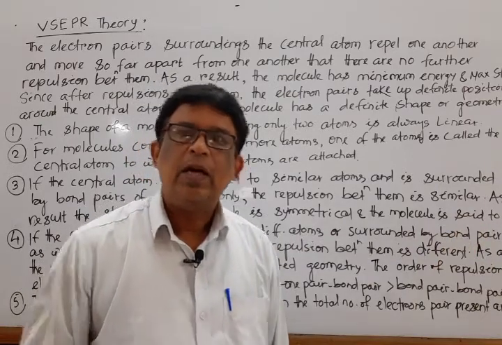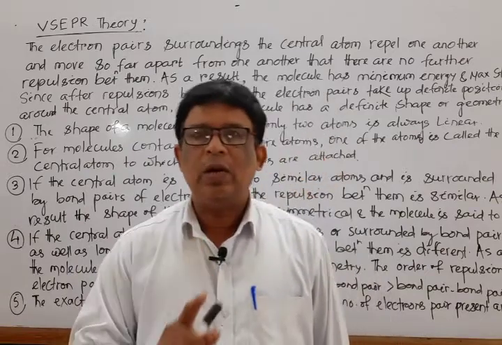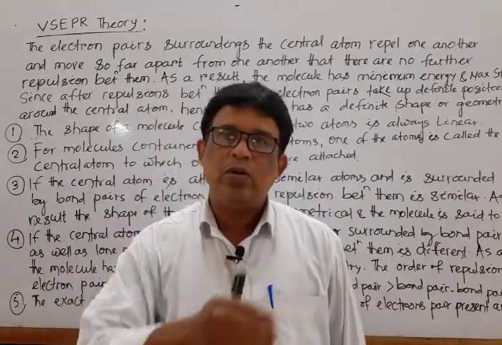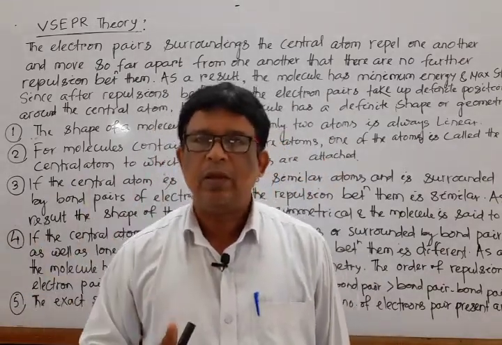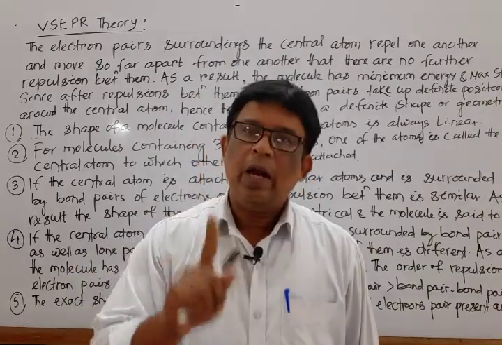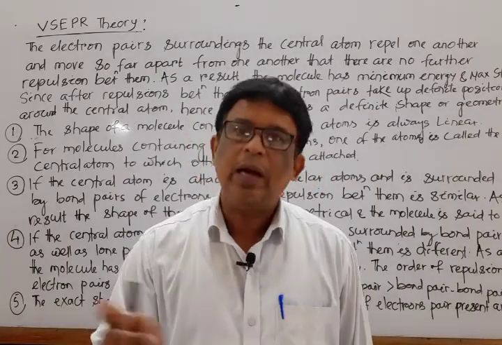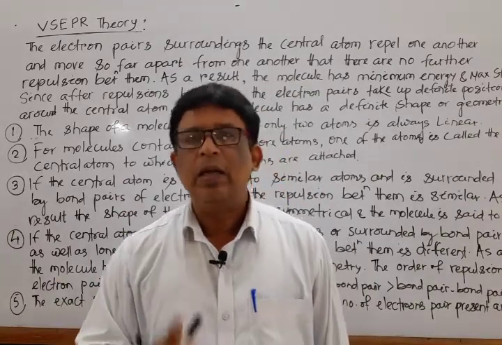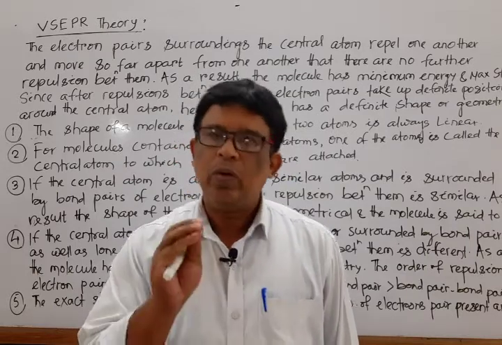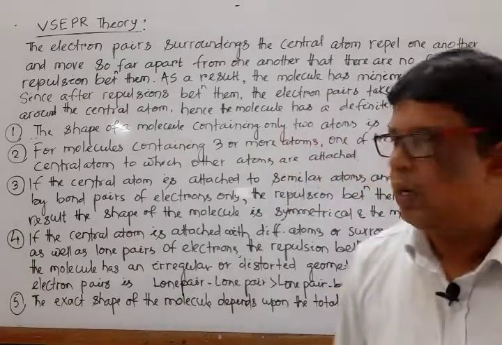I repeat again, if there are more than three atoms, one is known as the central atom to which the other atoms are attached. If the other atoms are similar and only bond pairs are there, what is a bond pair? The electron pair formed during bonding. Then there is no unequal repulsion, and we say that the molecule possesses similar shape or similar geometry.